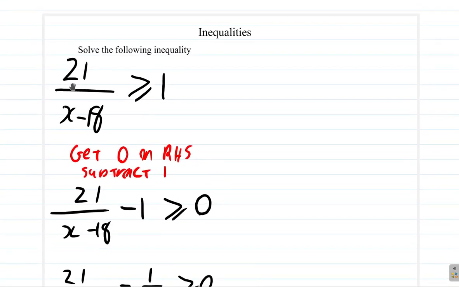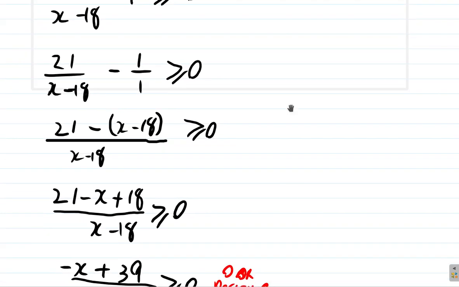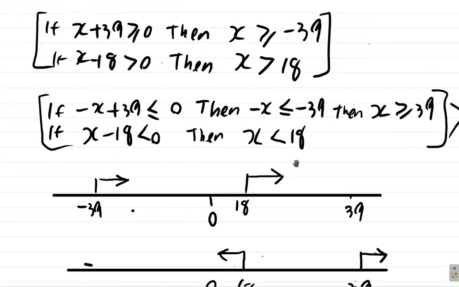Now, 21 over 0 minus 18 is greater than or equal to 1. Right? 21 over negative 18 is actually less than 1. So we see that our assumption is right. 0 couldn't work for x.